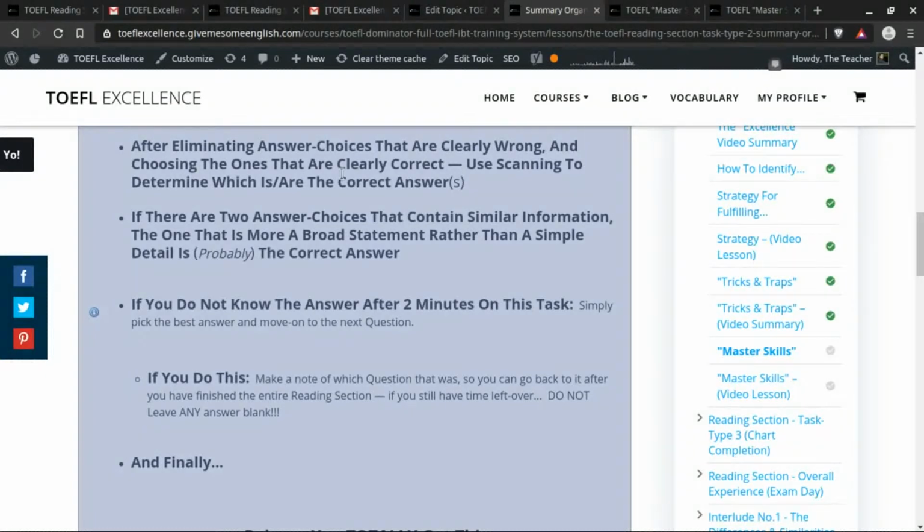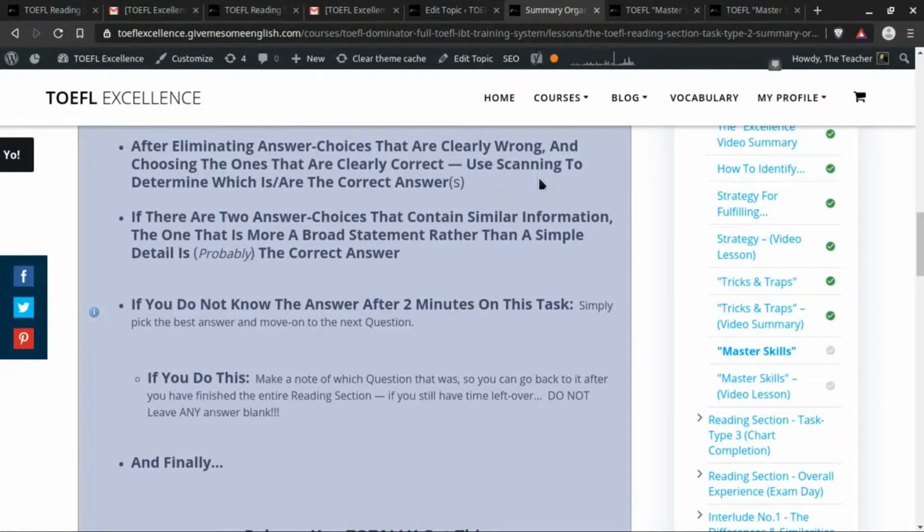After eliminating the answer choices that are clearly wrong and choosing the ones that are clearly correct, you use scanning to determine which ones are the correct answers. That's actually a strategy, but some of the courses don't actually tell you to do this. I don't know why.